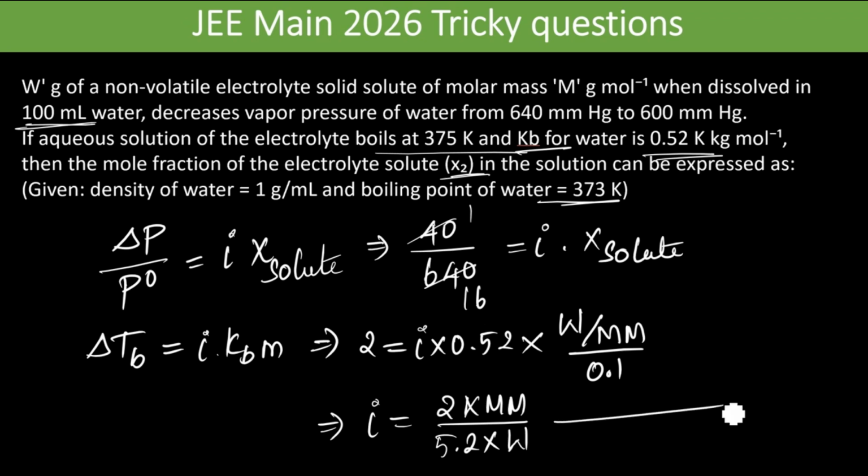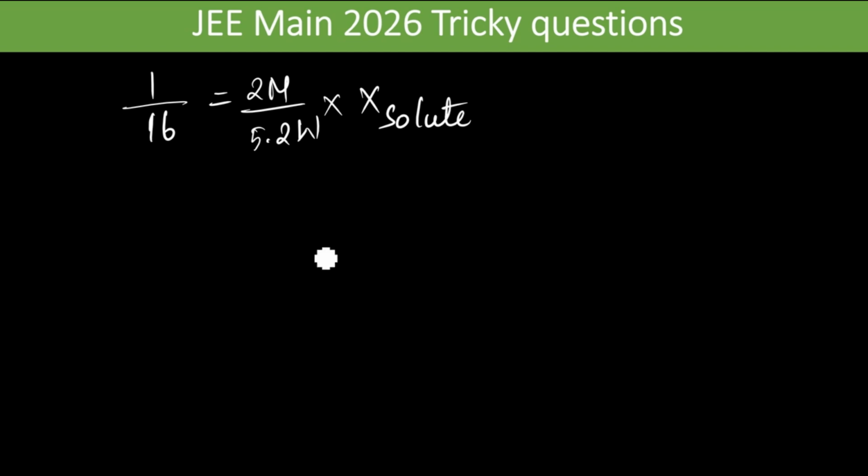So let's substitute this value in equation 1. Which will give you 1 by 16 equal to i value as 2m molecular mass by 5.2 into W, into chi of solute, right?